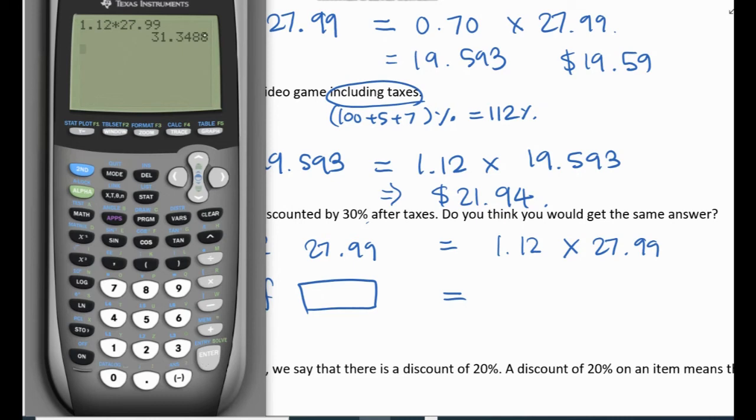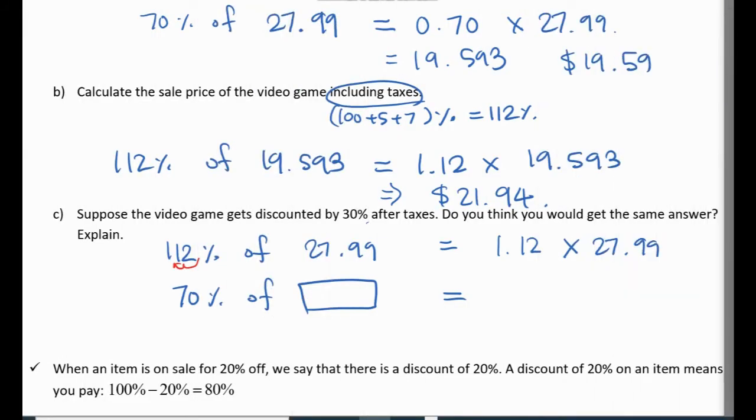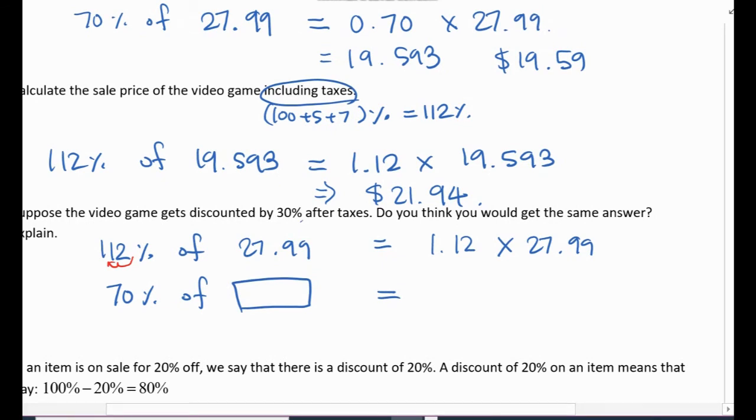We don't round it yet, let's round it later. So write down the answer here, 31.3488. So we're going to find 70% of this number.